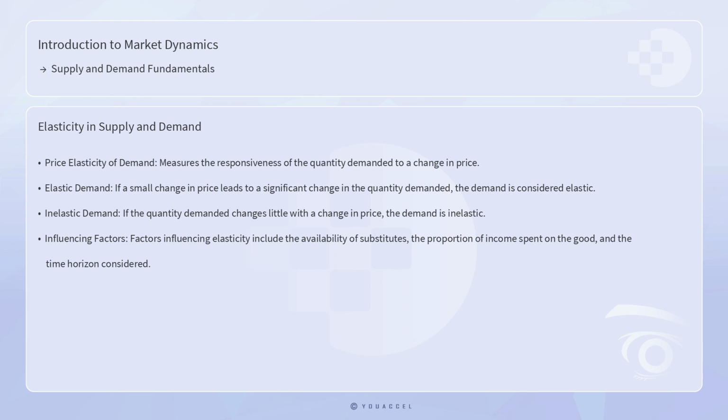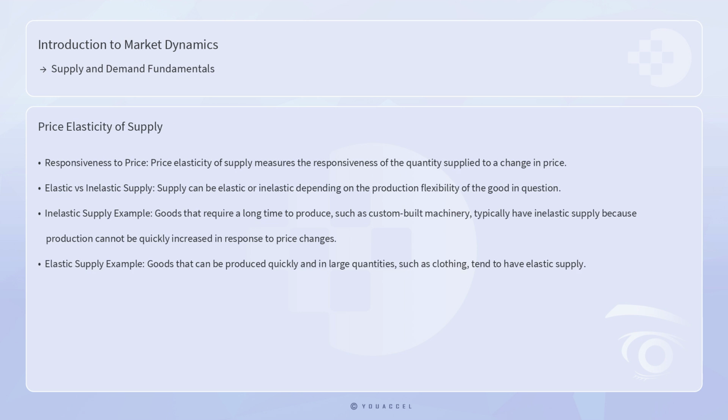Factors influencing elasticity include the availability of substitutes, the proportion of income spent on the good, and the time horizon considered. For example, luxury goods, such as high-end electronics, often exhibit elastic demand because consumers can delay purchases or choose alternative products if prices rise. Similarly, price elasticity of supply measures the responsiveness of the quantity supplied to a change in price.